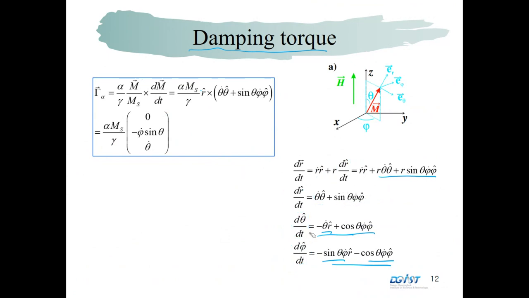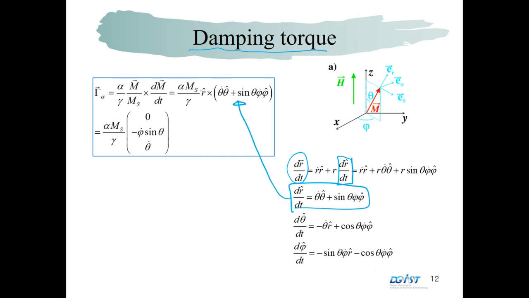Now we obtained this term, or we need this term actually, and we have this relation, so we can go back here. That's why we have this one.